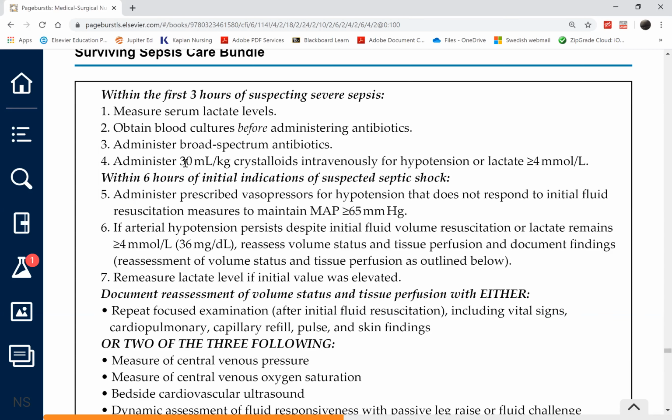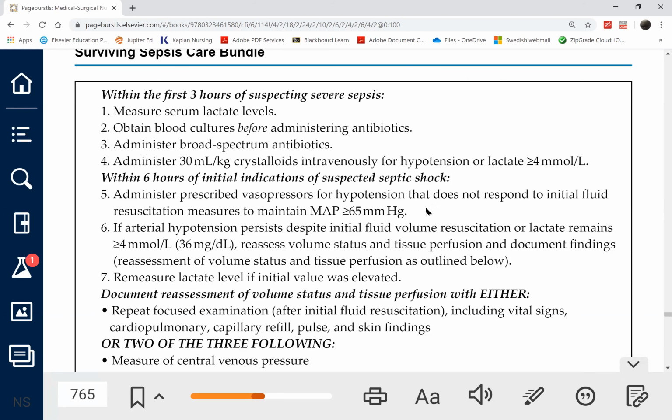That's 2,100 ml. A lot of fluids. If they remain hypotensive, because of course there's vasodilation here, right, if they don't respond and they go into septic shock, or you suspect they're going into septic shock, then you add a vasopressor. What's the vasopressor again? For example, dopamine.